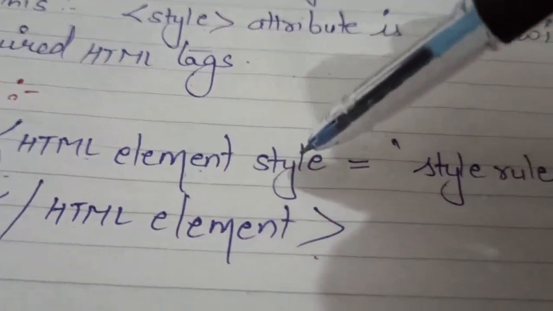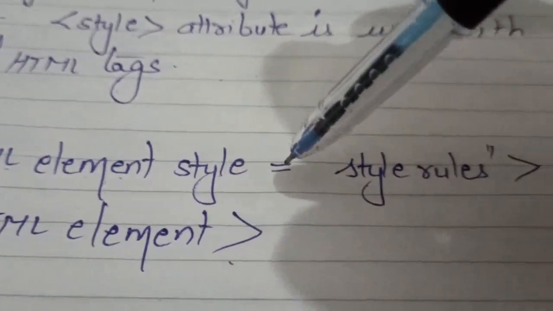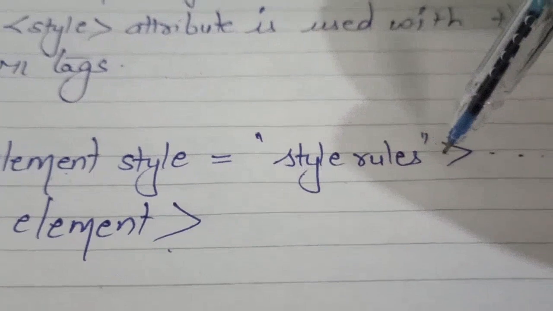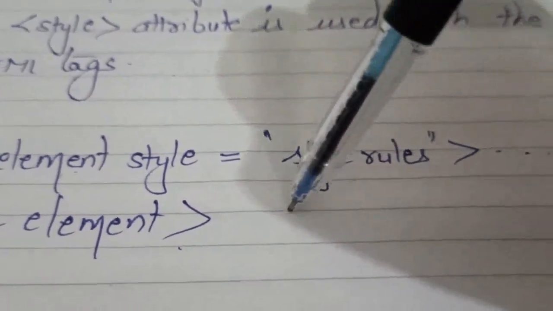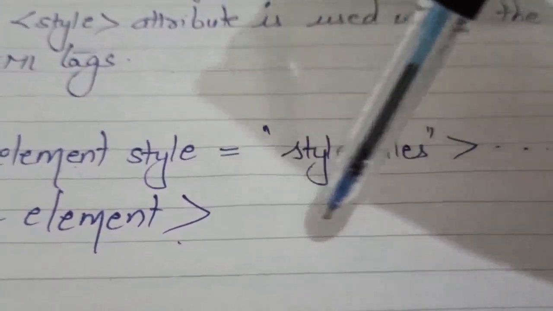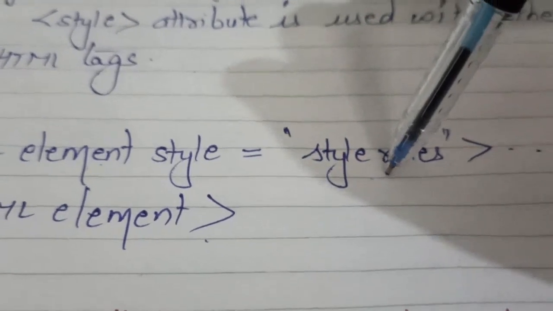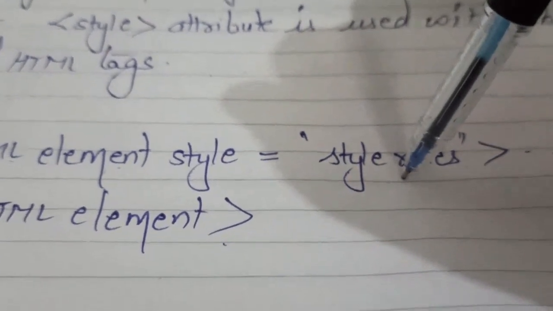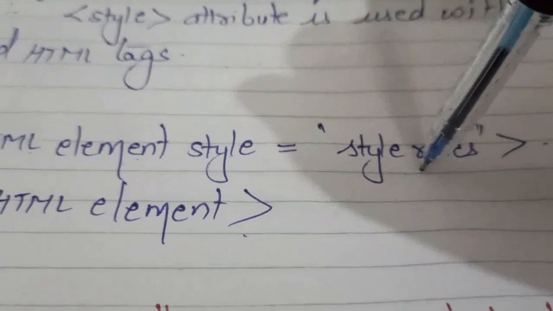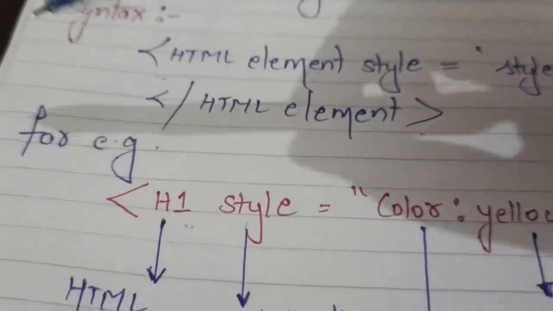After that, some space, we have to give the attribute that is style. Then after that equal, then here we have to specify the style rule. यहाँ पे हम फिर CSS का स्टाइल लगा देंगे, सिंटेक्स लगा देंगे. And CSS syntax, I think now you people know the procedure for applying the CSS syntax. Let me show you with the example.